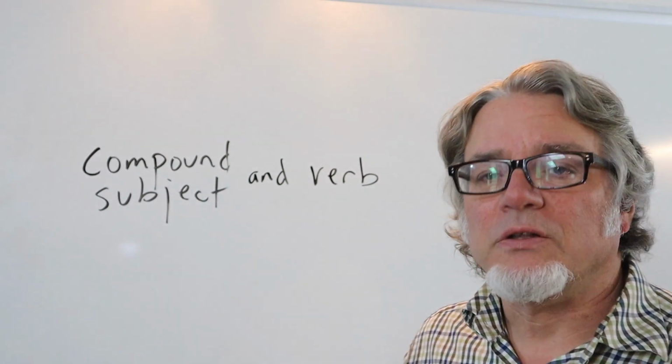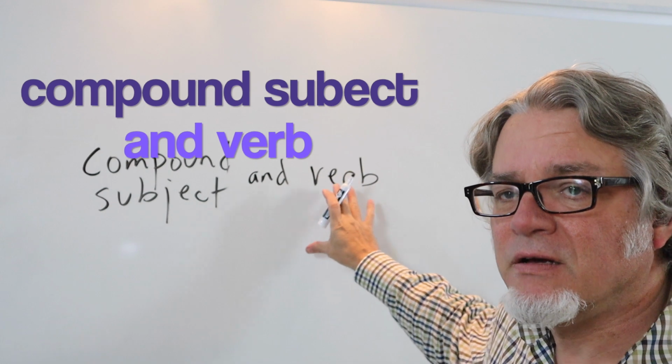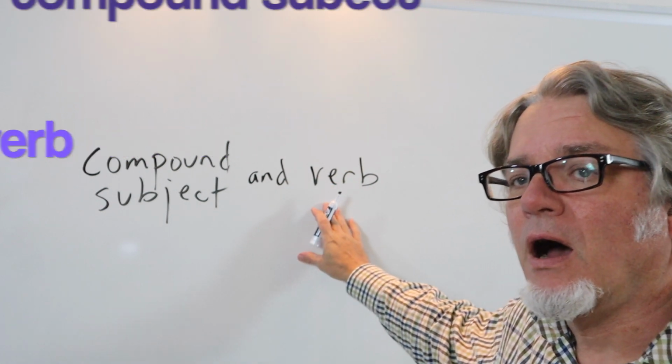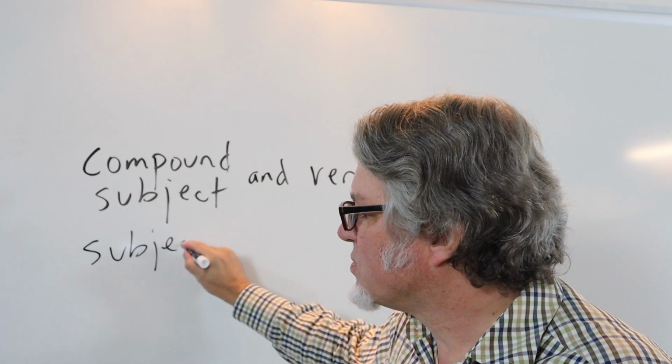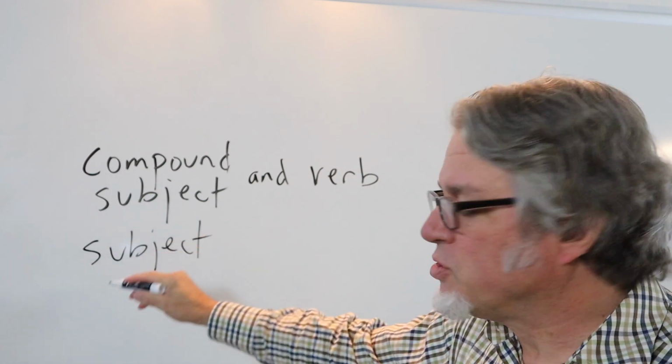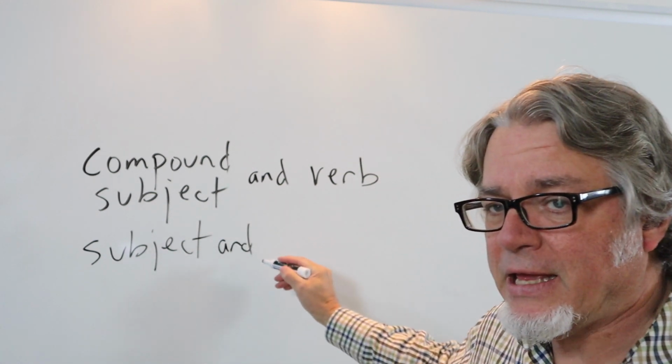In this video, I'll talk about compound subjects and verbs. A compound subject is when there are two subjects. They're usually joined with a conjunction, such as and.